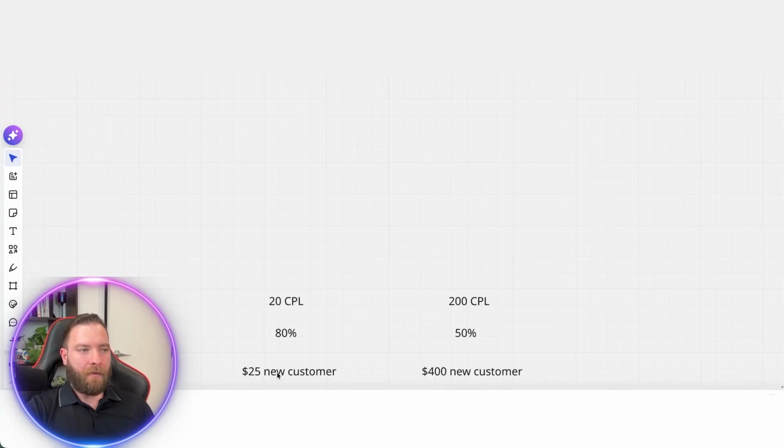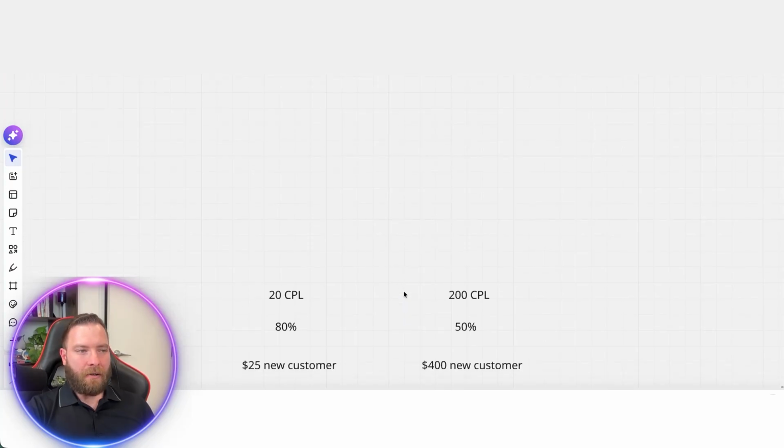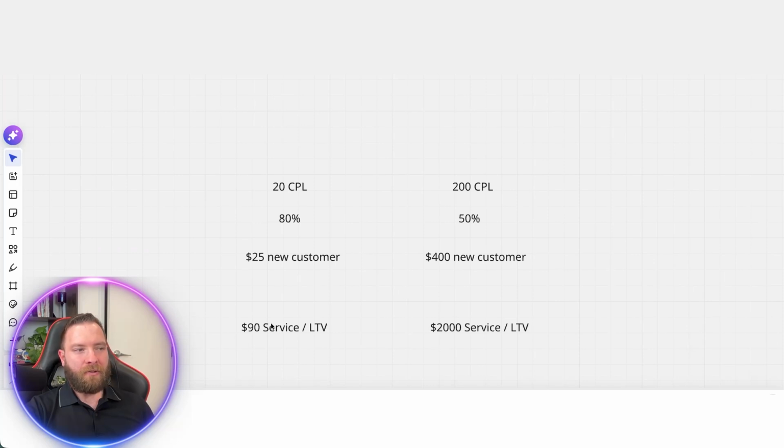Now, on paper, obviously, this one seems significantly better, but when you look at the sales data itself, and you see that the service is worth $90 or the lifetime value is $90, that $25 new customer, not a bad investment, but not a great investment, right? In comparison, if the $400 customer buys the same service 10 times and they become a $2,000 lifetime value, that $400 customer is now producing a significantly better return than the $25 one, right?